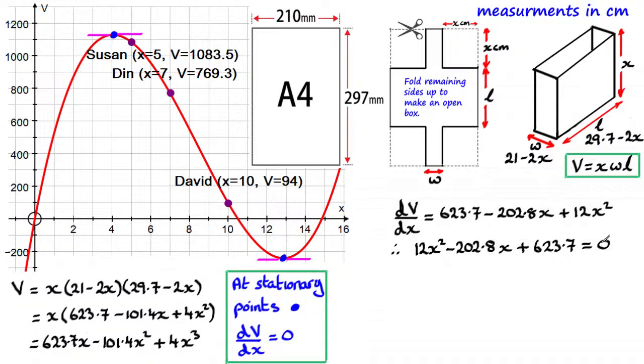Some of you might have worked on ahead of me already, anticipating what the question was. We're looking to solve this equation. How would I go about solving that? It's got some complicated numbers in, so it's not going to factorize. So we've got to use, obviously, the quadratic formula.